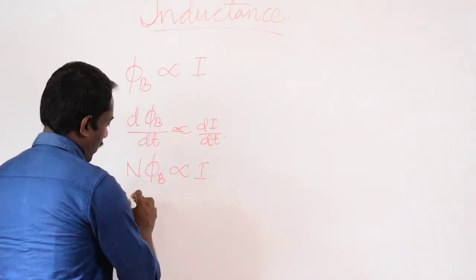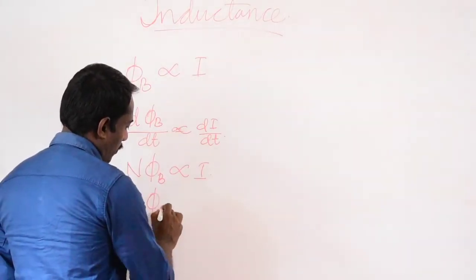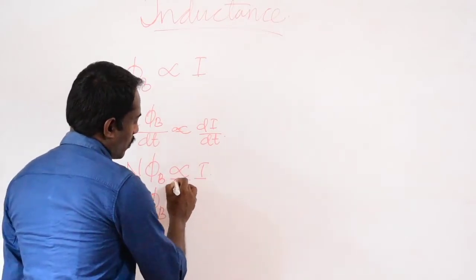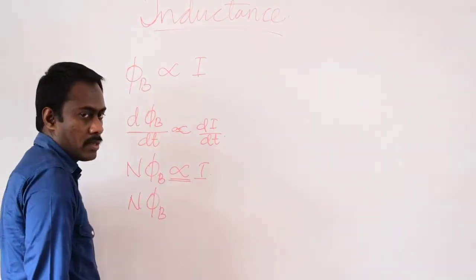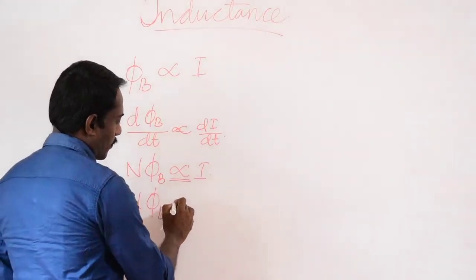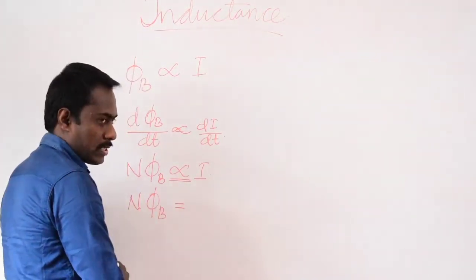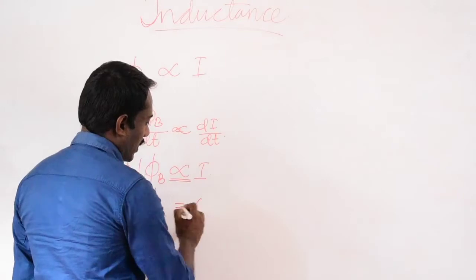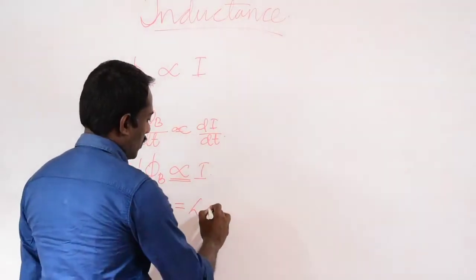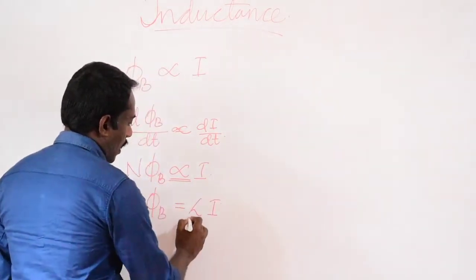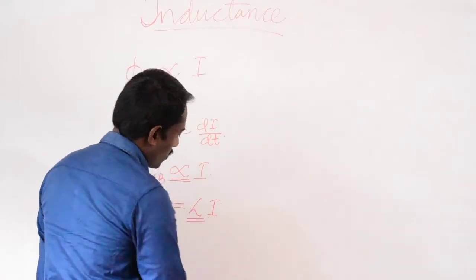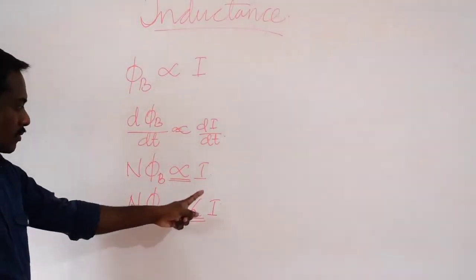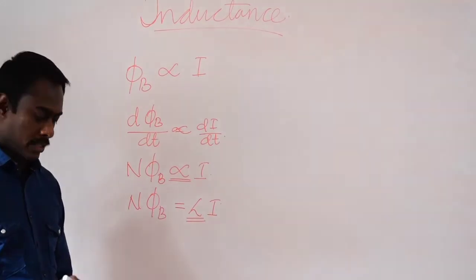That means N phi B. In order to eliminate this proportionality sign and get the equality sign, we multiply by a constant L into I, and this proportionality constant is the self-inductance.